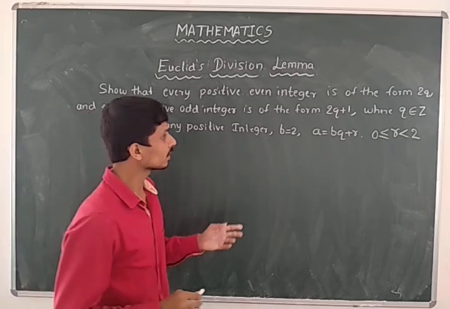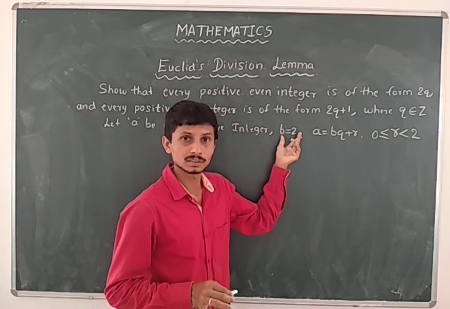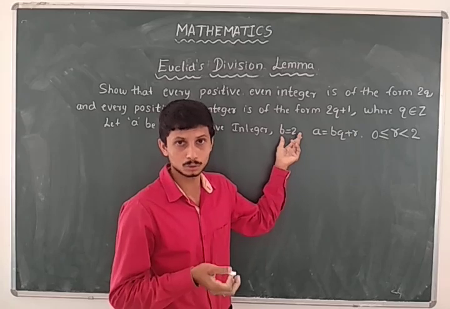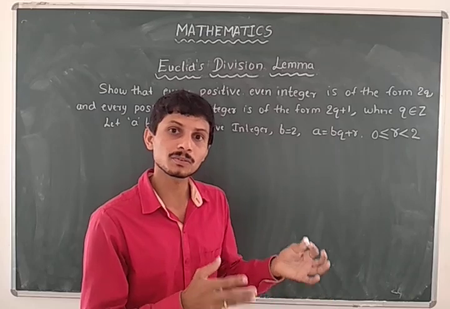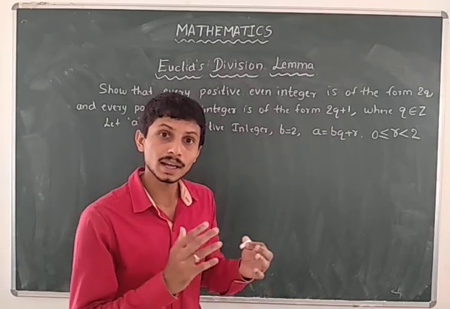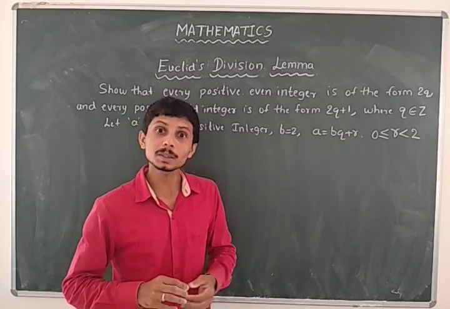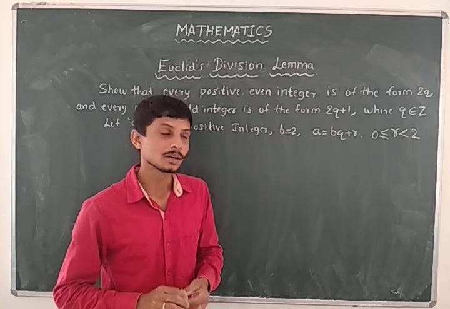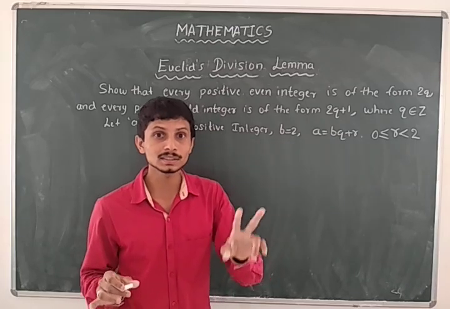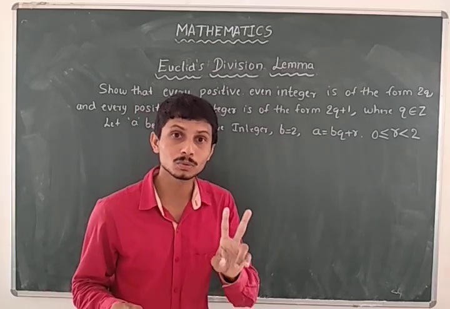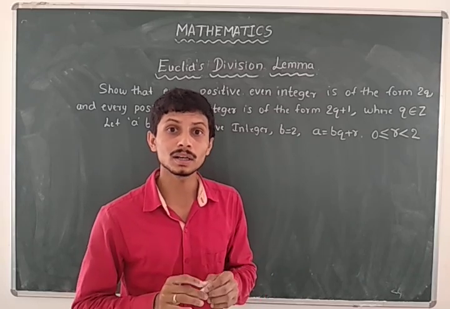So just consider b as a divisor. That means here b is equal to 2. When we divide any number by 2, there are some possibilities of remainders. What are the possibilities of remainder here? When we consider the divisor as 2, there are two possibilities, 0 and 1.